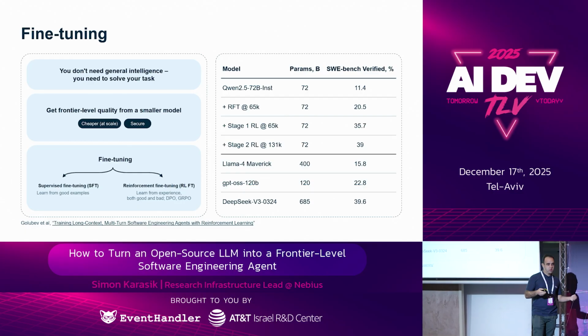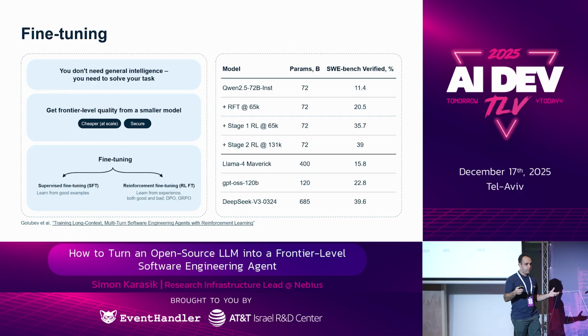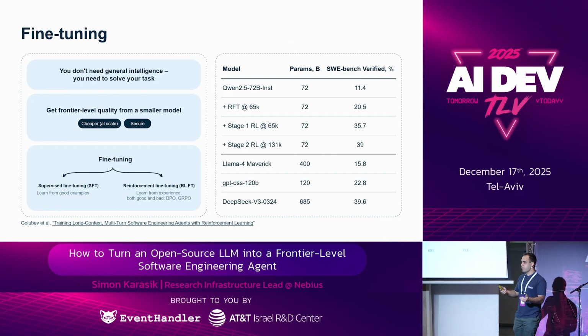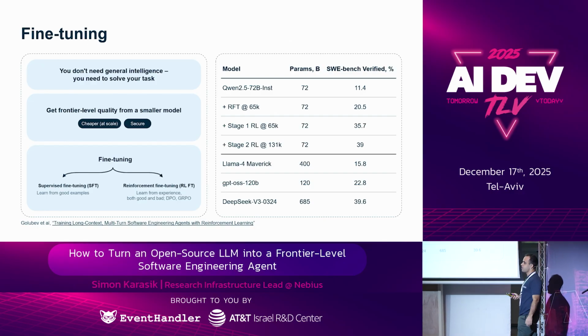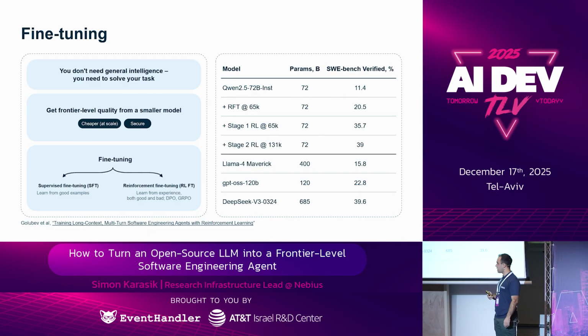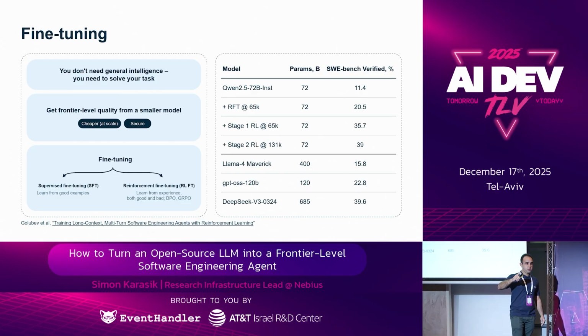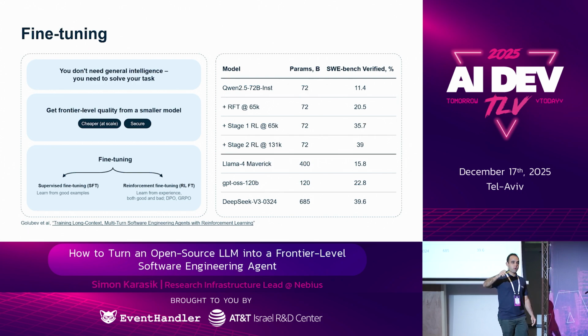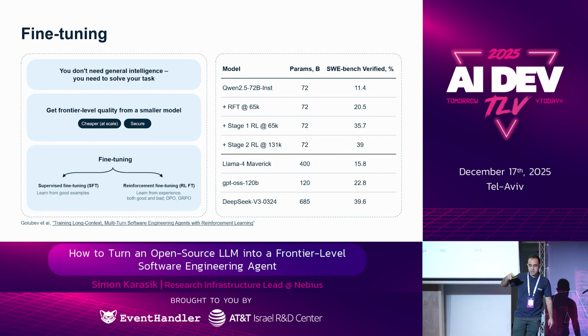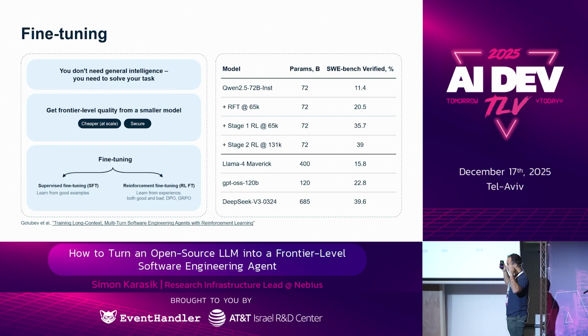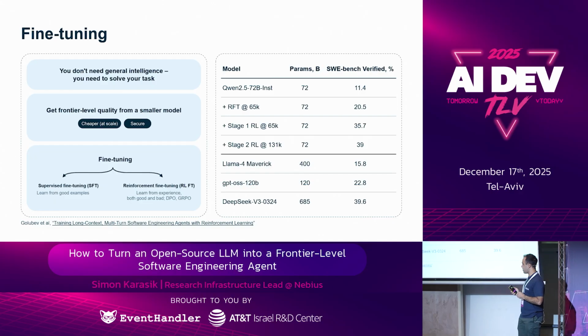And beyond supervised fine-tuning, another family of techniques is called reinforcement fine-tuning, which is based on reinforcement learning. And the difference here is that reinforcement learning can learn from both good examples and bad examples, from all kinds of experience you can have. From everything that happens in production, you can learn from both kinds of experience.